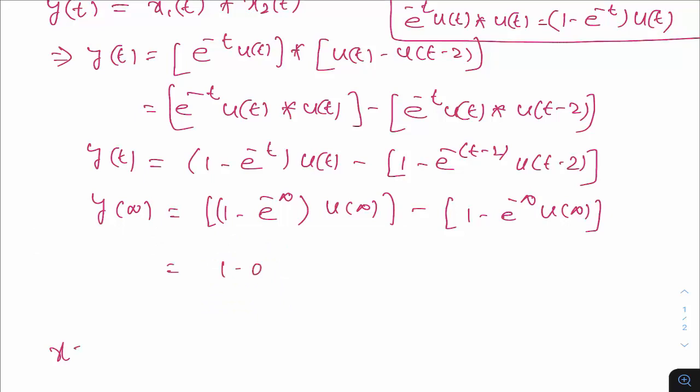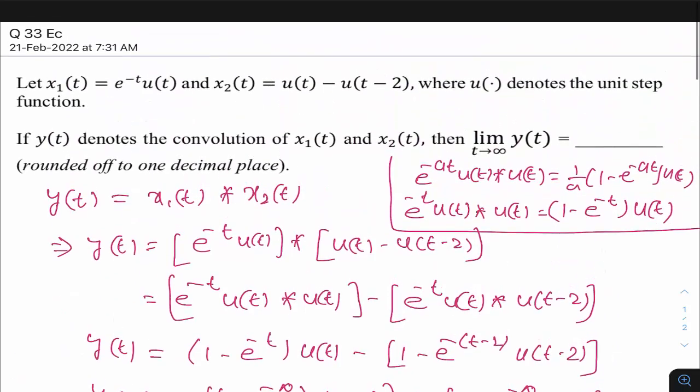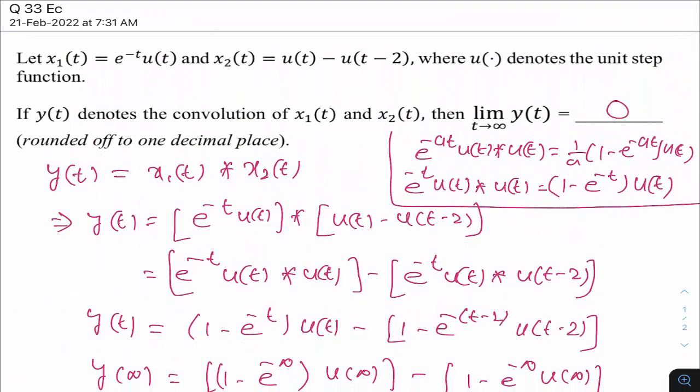So this is 1 minus 0 into u of infinity, which is 1, because the u function looks like this. Its value is 1 even at t equals infinity, right? So u of infinity is 1. Minus, it is 1 minus again 0. So this is 1 minus 0 is 1, into 1, then 1 minus 1. So the answer is coming to be 0, right?